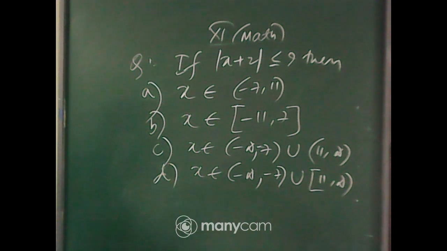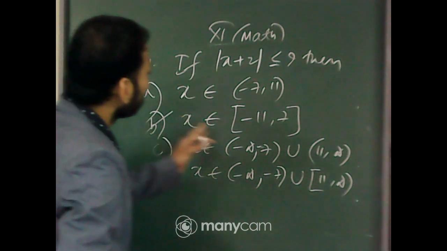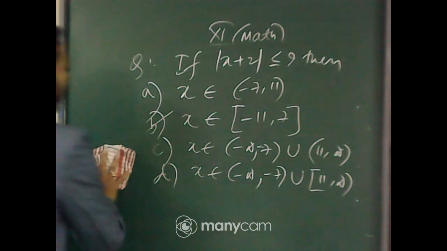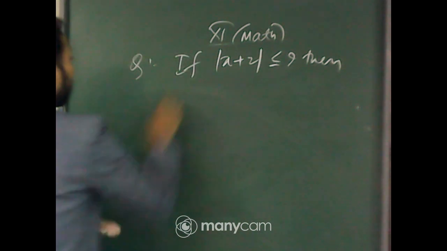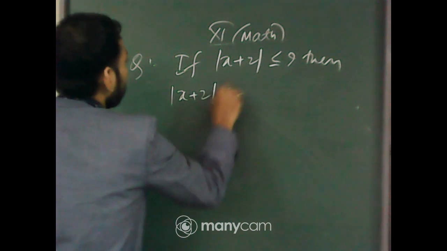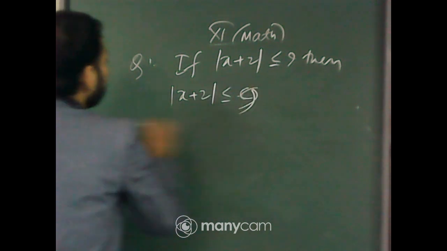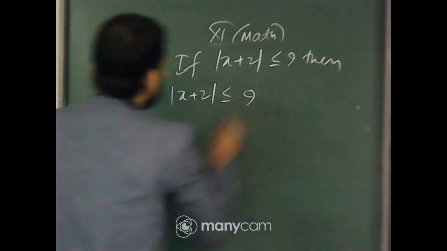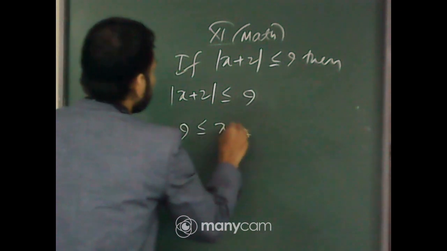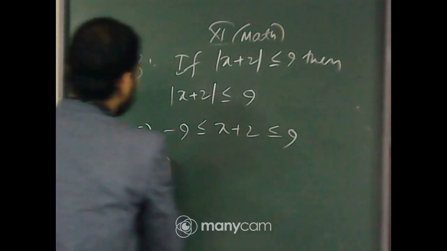Here the correct answer will be option B. I am giving you the explanation. X belongs to the closed interval [-11, 7]. But how? Here |x + 2| ≤ 9. That means whenever you remove the mod sign, it will give you -9 ≤ x + 2 ≤ 9.